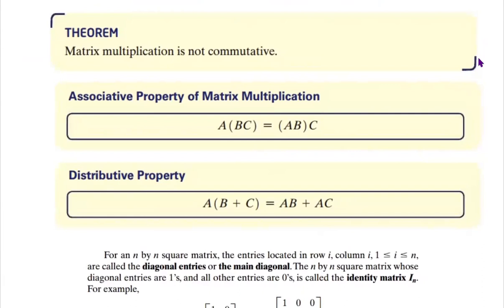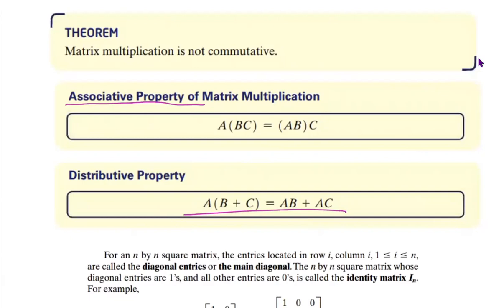Now, is the product of matrices commutative? It's not commutative. The product of matrices is not commutative, but it is associative, and you can also apply distribution.